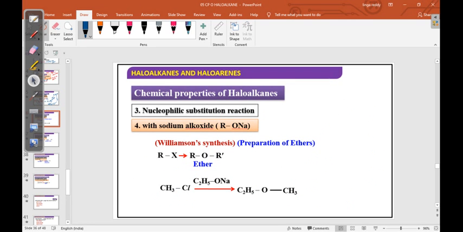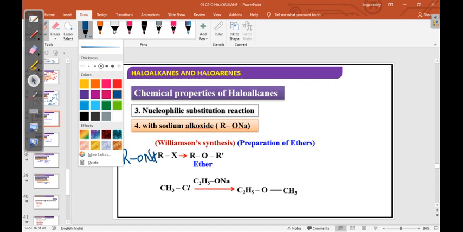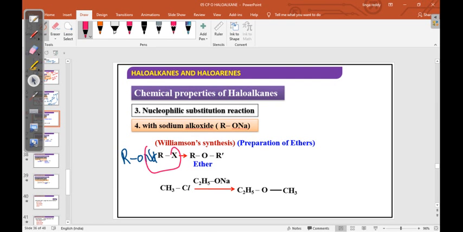Next, with sodium alkoxide, the mechanism is very simple. Sodium alkoxide and alkyl halide react and give ether. What is the mechanism here? Remove sodium and X. Suppose methyl chloride is there, and sodium ethoxide is there, remove this NaCl, that's it.